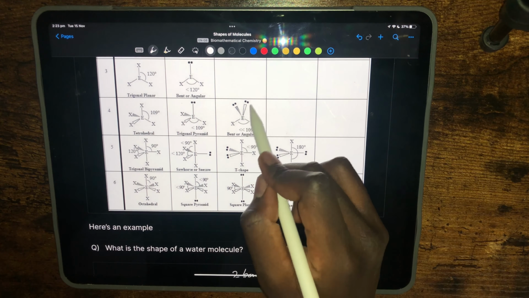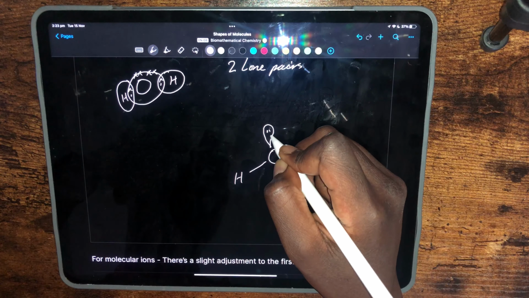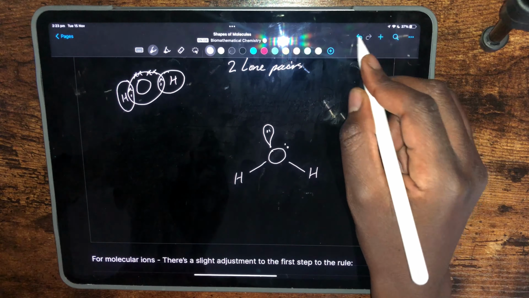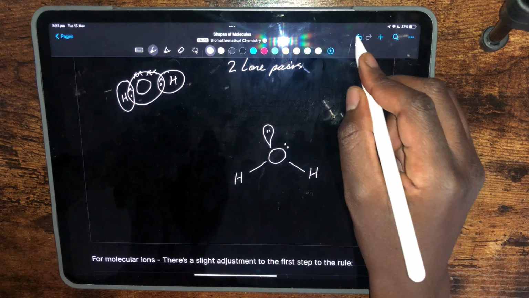How do I write this out? This question comes up, and if it ever does, just know it's quite an easy one to do. You don't have to represent your lone pairs like this, I think you can get away with drawing them like that, but I always like showing the electron cloud.